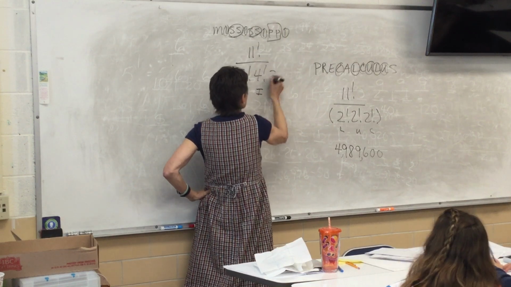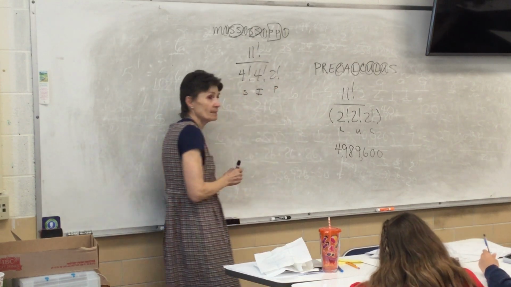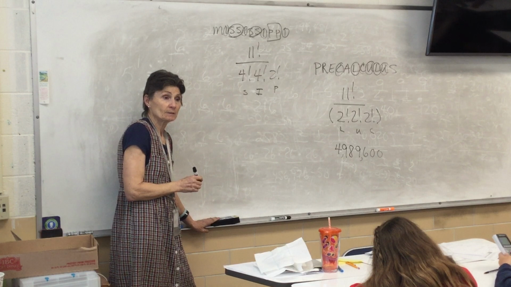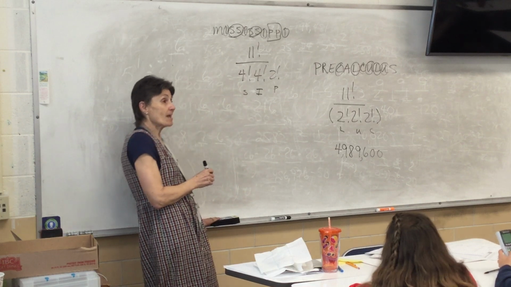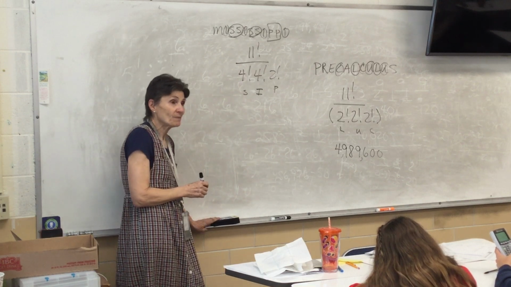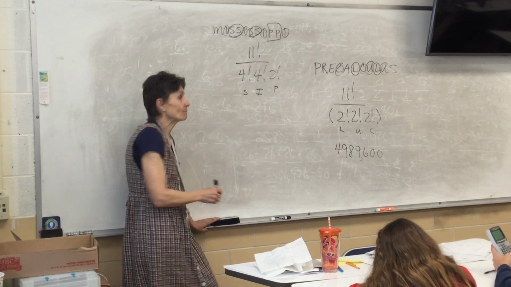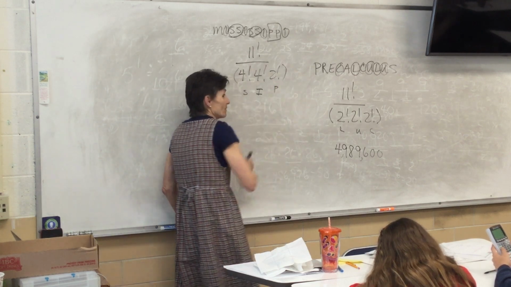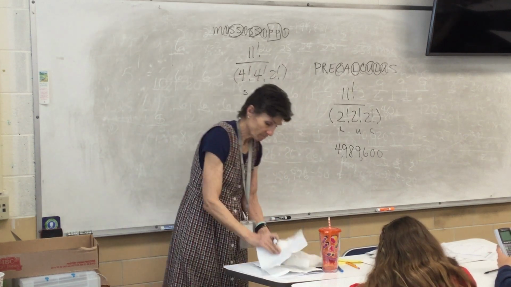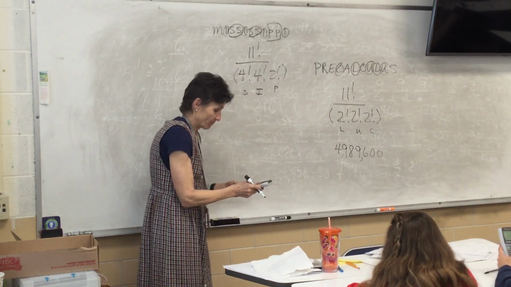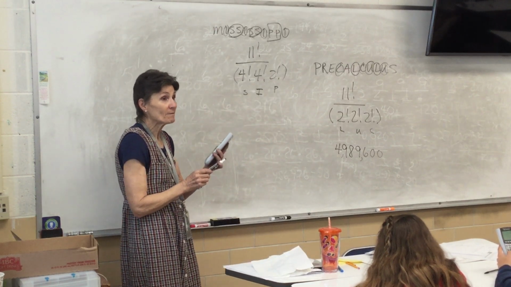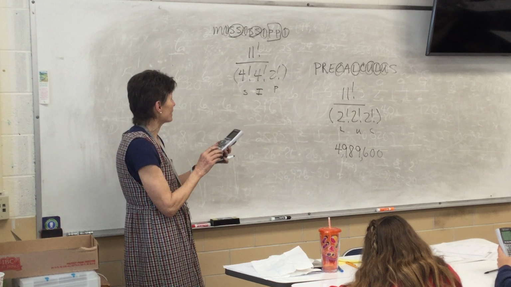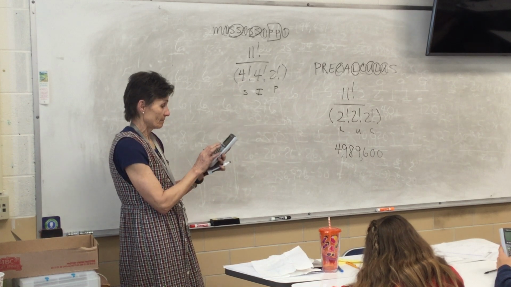And 2 P's, so I'm going to throw in a 2 factorial. And since there's more than one thing in the bottom, parentheses. If there's more than one thing that you're dividing by, you've got to have parentheses.